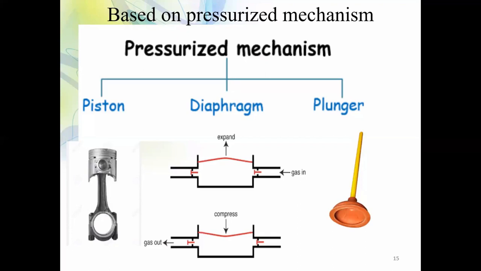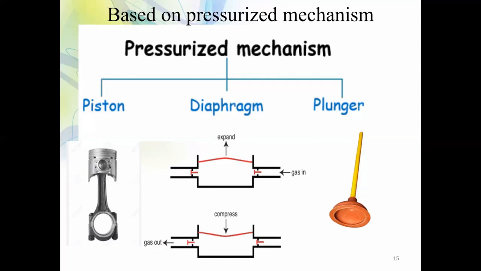Normally, the piston is reciprocating in the cylinder. By that, the volume in the piston cylinder is changing, whether it is increasing or decreasing. By the volume difference, the pressure is created. In case of diaphragm, it is also the same as piston.